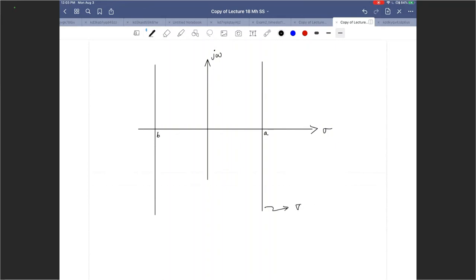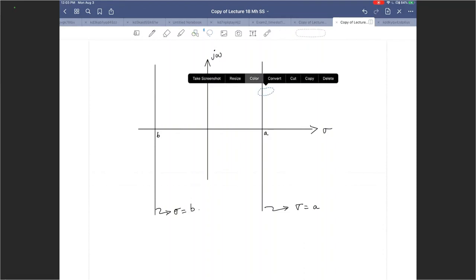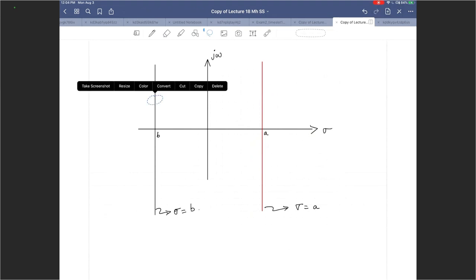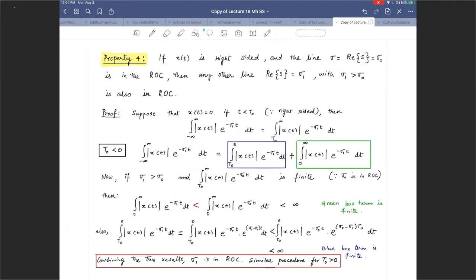This is sigma equals a and this is sigma equals b. That's the S-plane, right? So actually let's just quickly change the color here to red. Right, so the red line is sigma equals a, the blue line is sigma equals b, and right now in our property number 4 we are looking at a vertical line, sigma equals some sigma sub 0.